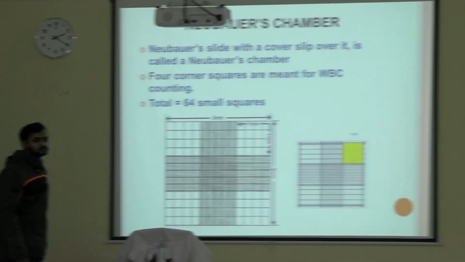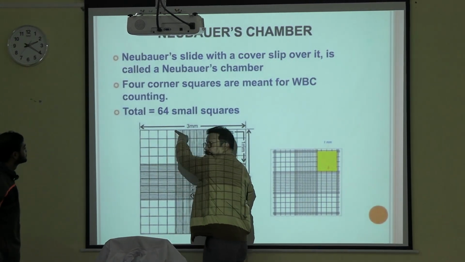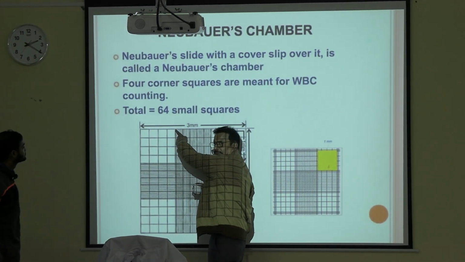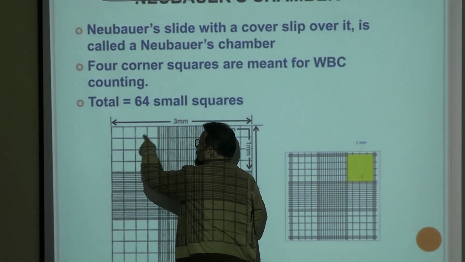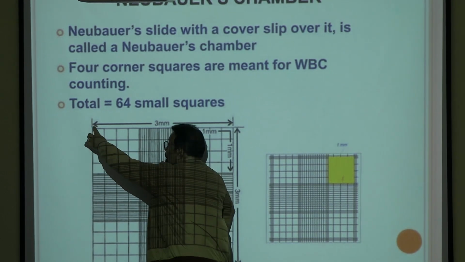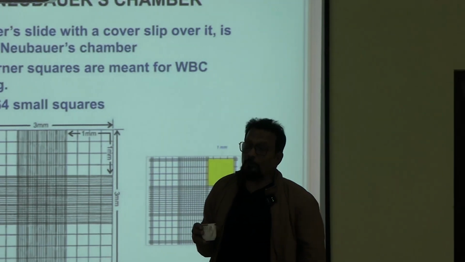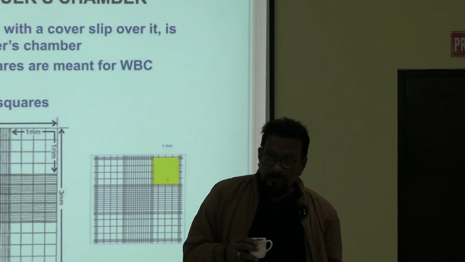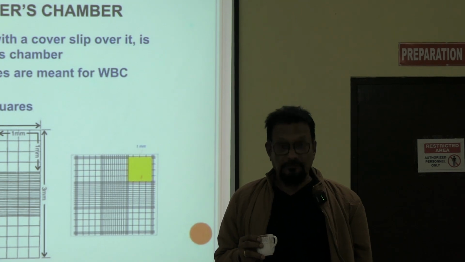From here to here is 1 mm. Now you are dividing 1 mm into 4 divisions, so this side is 1/4. So 1/4 into 1/4 into 1/10. This is the volume.